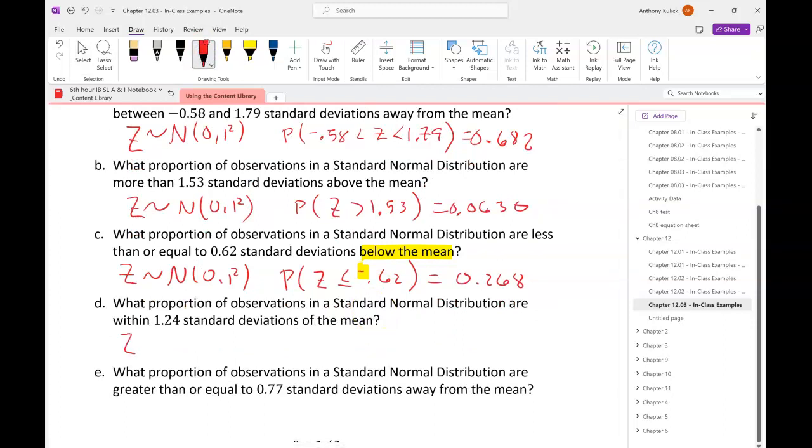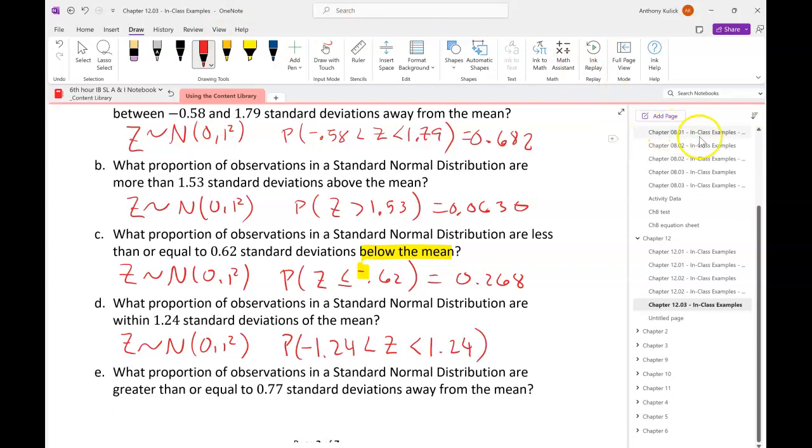All right, next one says standard normal, so 0, 1. And the probability that that scores within 1.24 standard deviations of the mean. So how do I write that? Well, it could be 1.24 below or 1.24 above, right?